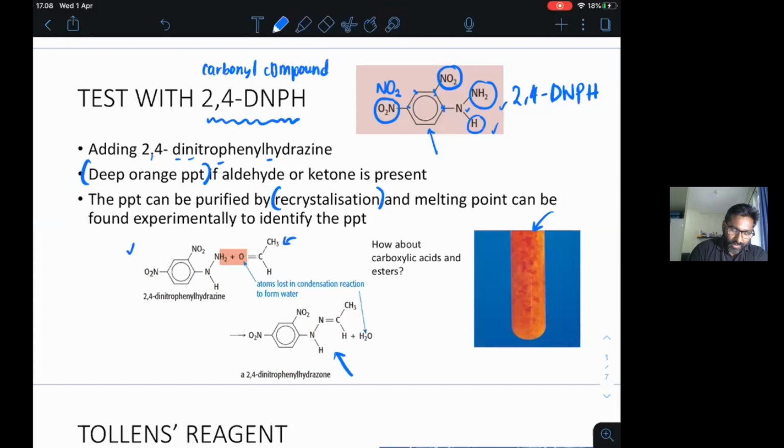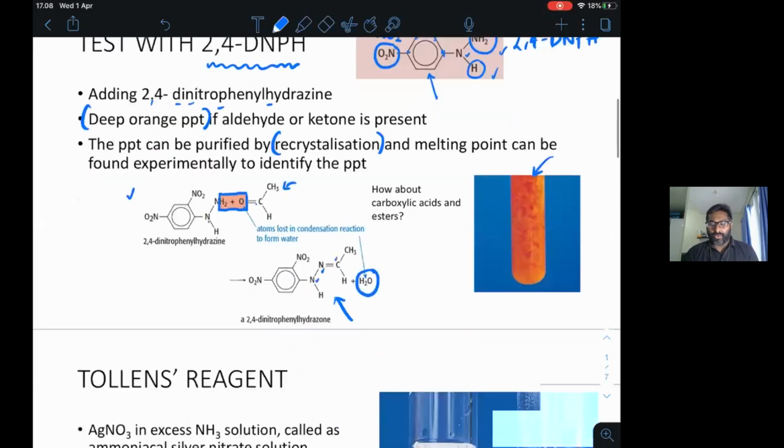The oxygen from the carbonyl compound is going to react with the H2 from the NH2 over here, and they will give you H2O, leaving this molecule. You can see the molecule rewritten with N connected to another N, and now the double bond is connected directly to the nitrogen.